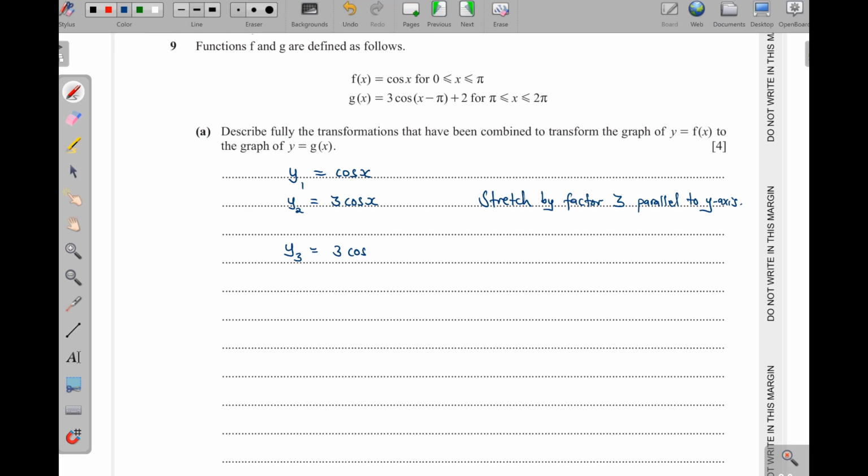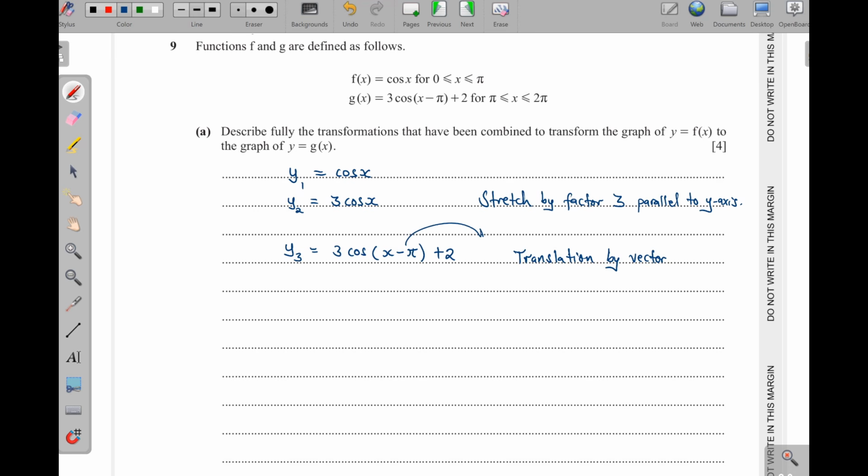All right, so here we shall have x minus pi and then plus 2. When this one pops out of this, we can see first of all that we are subtracting something from x, so that is a translation. It is a translation by vector.